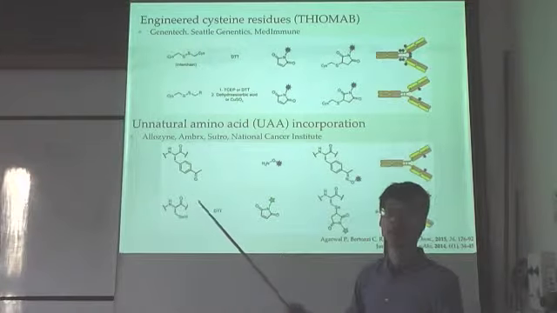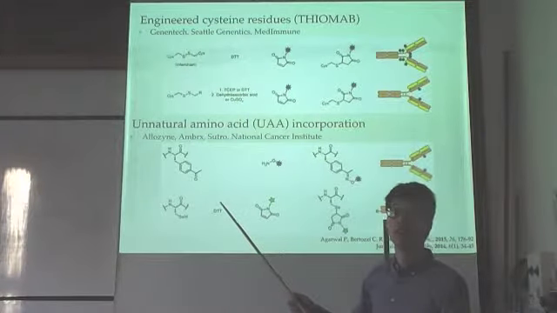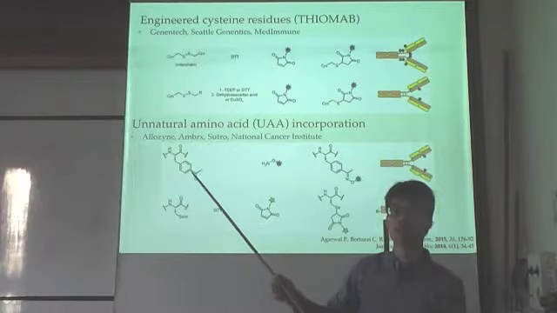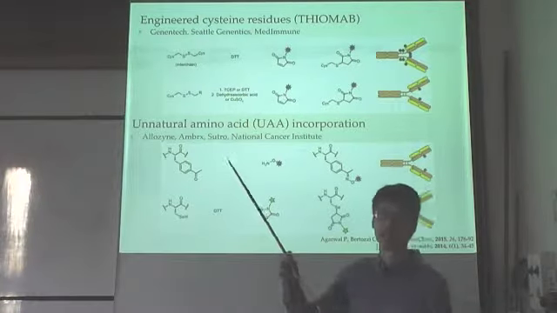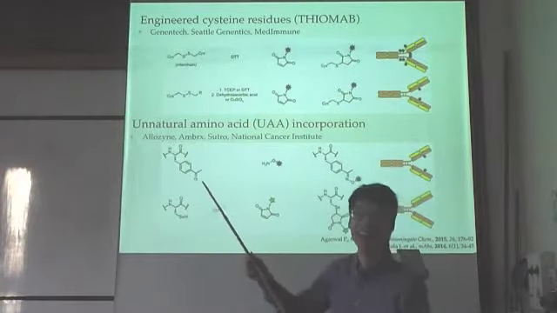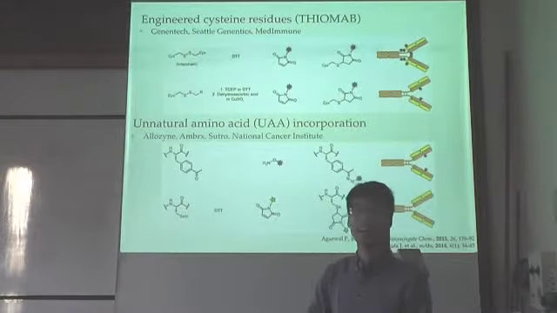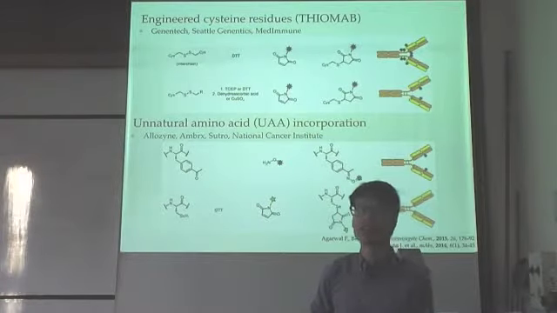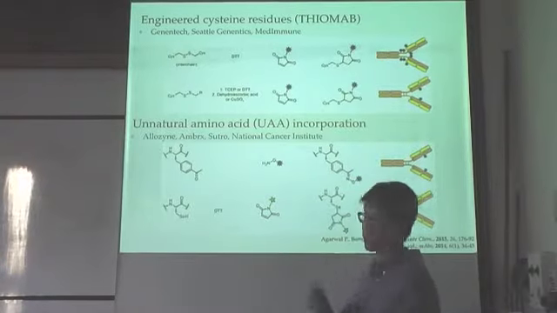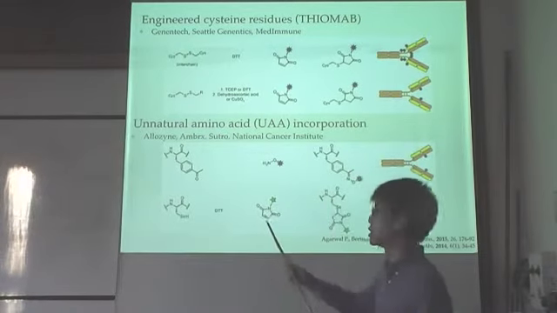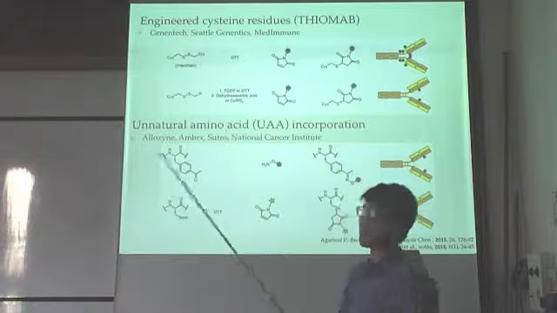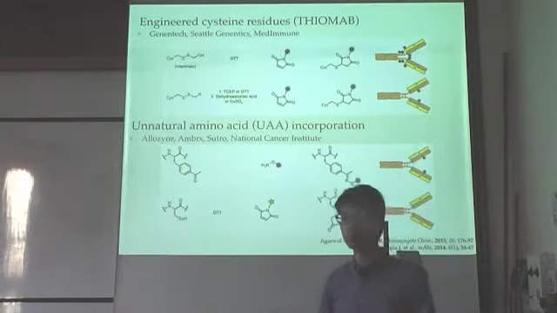Okay, how do you introduce the unnatural amino acid? Yeah, that would take me another half an hour to explain. No, there is actually a lot of research being done in the field already. What they actually do is they take a mutant tRNA synthetase.